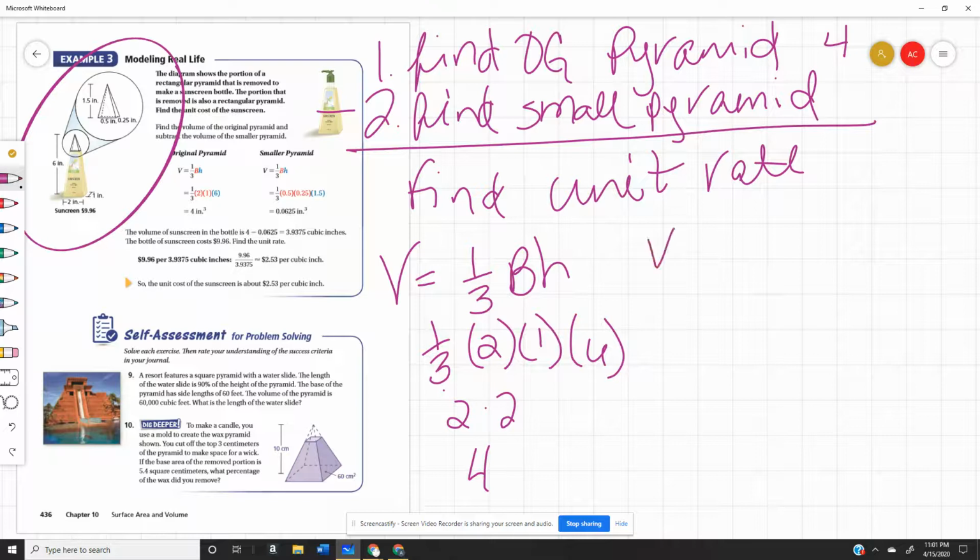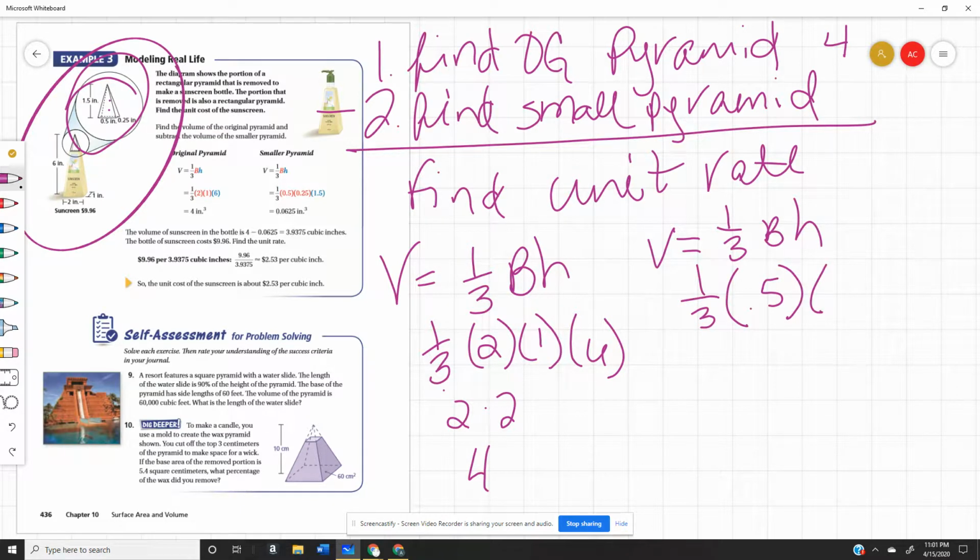And then I'm going to find the volume of my smaller pyramid, which is up here at the top, right there. 1/3 area of the base times height: 1/3 times 0.5, which is a half, times 0.25, which is essentially a quarter, times the height, which is 1.5.